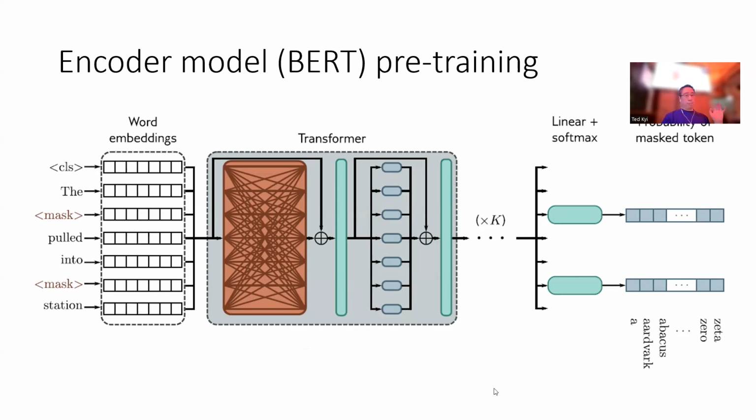So here is the book picture for an encoder, a BERT model. Once again, this one has inputs on the left as opposed to the top or the bottom. Imagine that you've got an attention layer and you've got your feed forward. You're going to repeat this however many layers you have, K layers. But what you've done here is on your input, about one out of every six words, you completely deleted the word and replaced it with a special token that says, I have masked out this word.